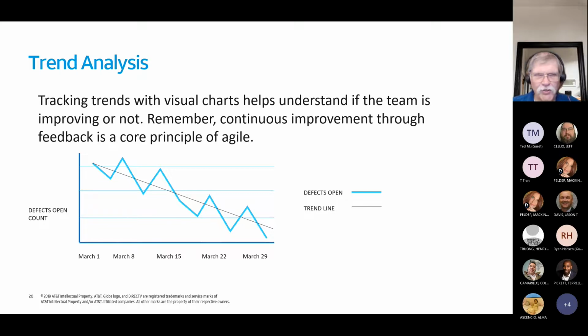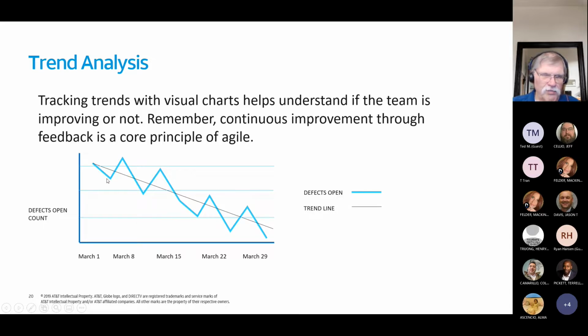Trend analysis is another way to take a look at past performance and try to project when we're going to finish or how much capacity we're going to have. Okay. One of the best ways of doing that is with charting it so that you have a visual representation of your trends. In this case, we're taking a look at open defects over time.